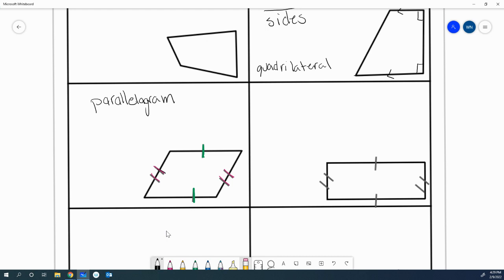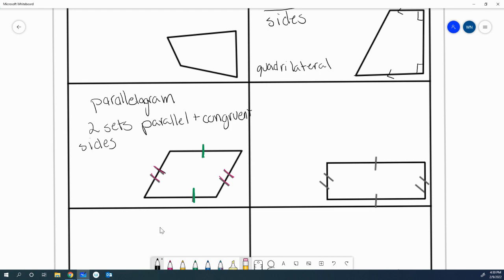It's a parallelogram because it has 2 sets of parallel and congruent sides. Make sure you are taking notes. You can always pause the video at any point you need to and take those notes. This is a parallelogram because it has 2 sets of parallel and congruent sides.